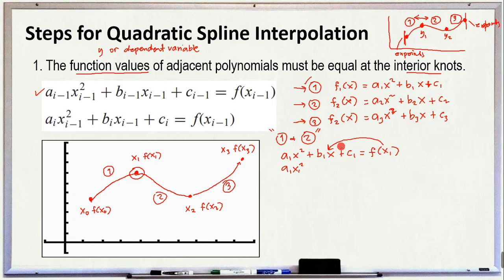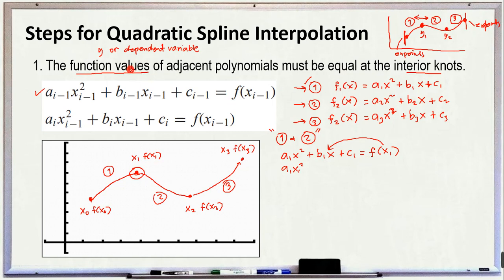Ay kani diri. Okay. So di ba ingon man ta, class, nga dapat ang adjacent nga polynomials same sila og function values.